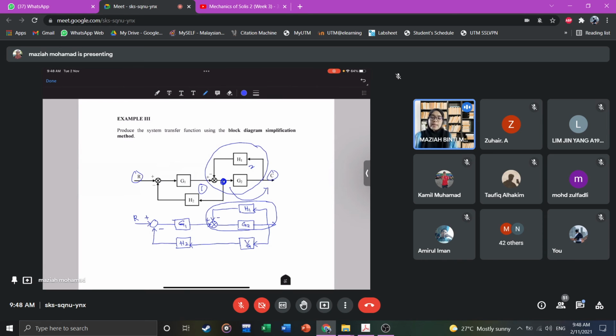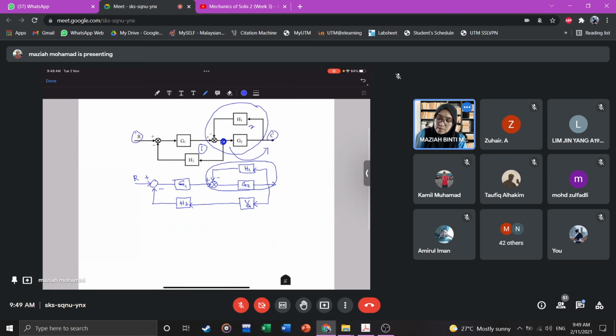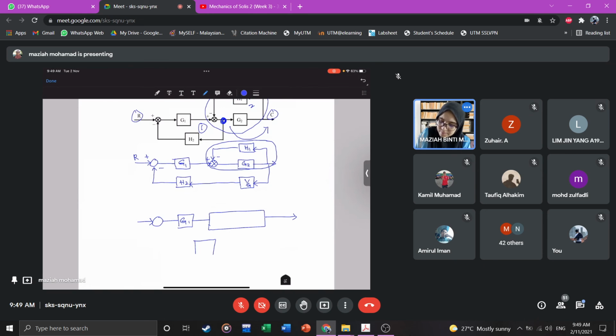Okay, what will be the transfer function after you combine G2 and H1?